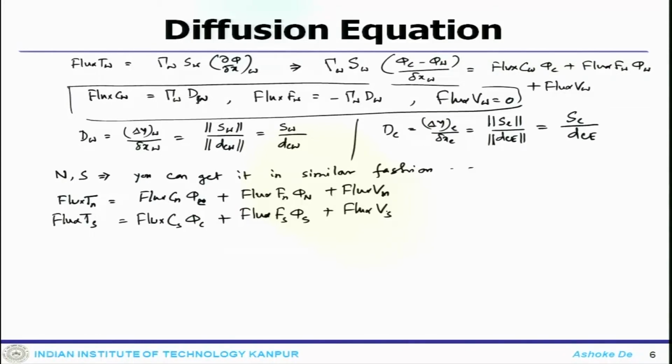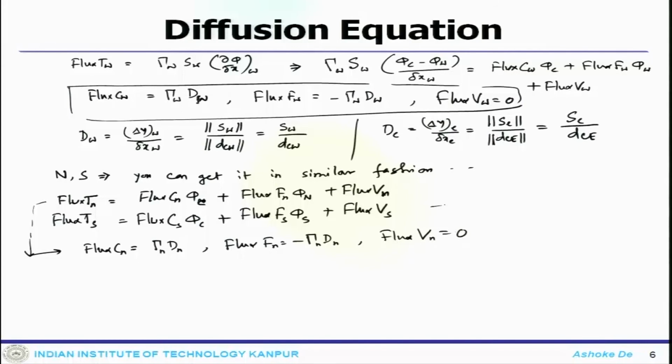Okay. So, this is the total flux definition, and once you do the mapping for each case, you get flux C n would be gamma n d n, flux F n would be minus gamma n d n, and flux V n would be 0.